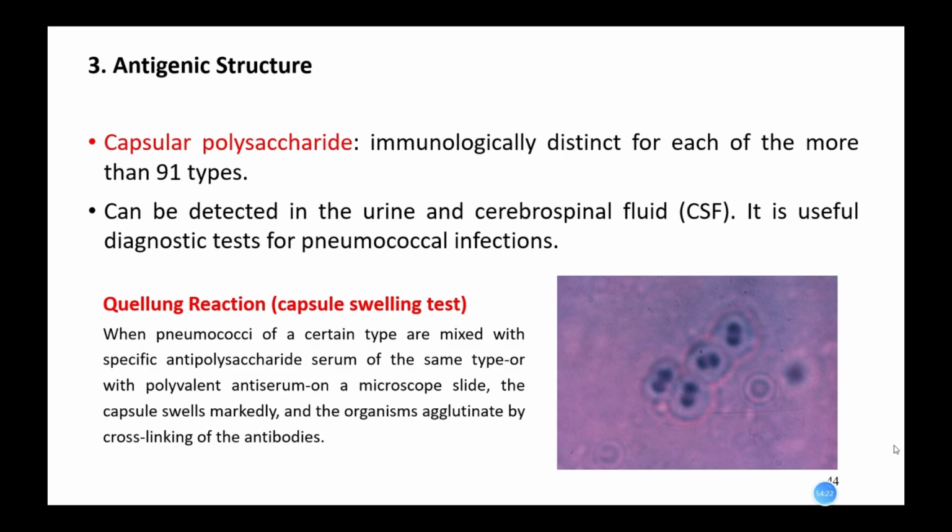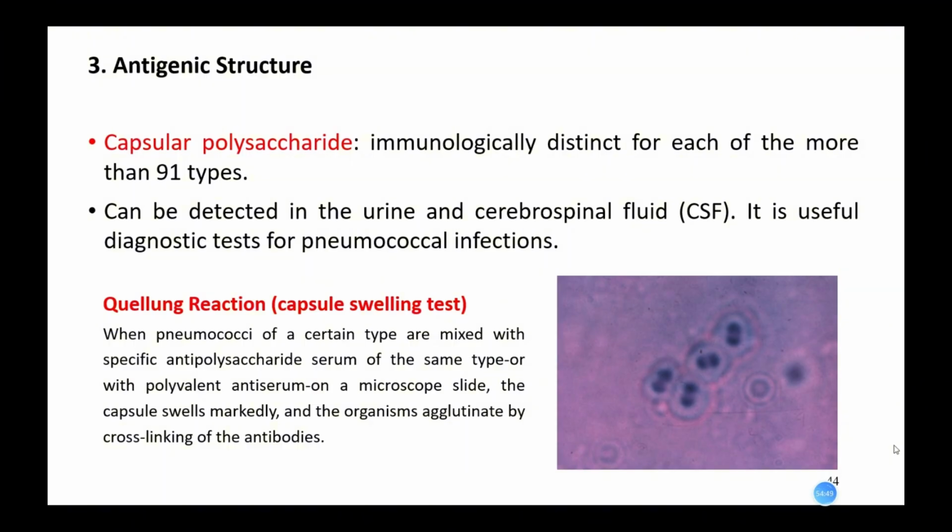Okay, the capsule. We mentioned that the capsule is the important antigenic structure. It contains polysaccharide, and based on the polysaccharide types, there are more than 91 different types. So that's a major antigen.